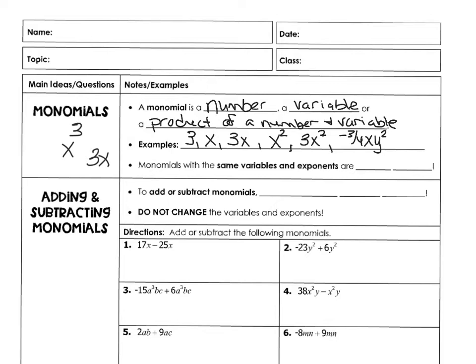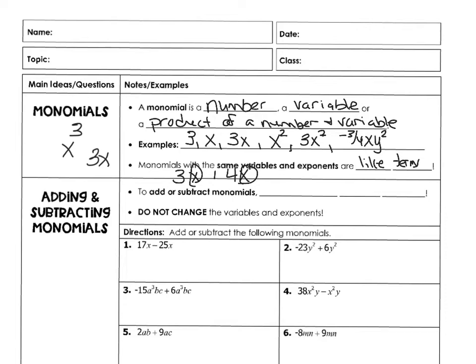Monomials with the same variable and exponents are called like terms. All right, so if I've got 3x and 4x, they have the same variable and they have the same exponent.